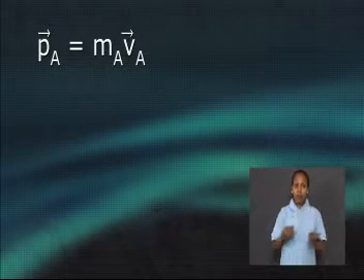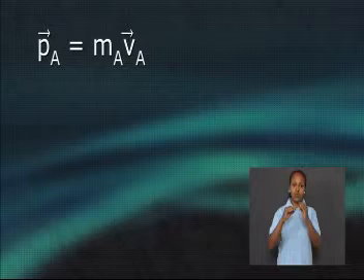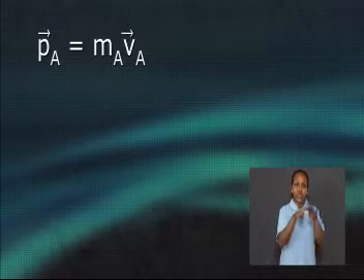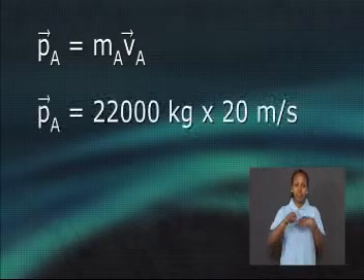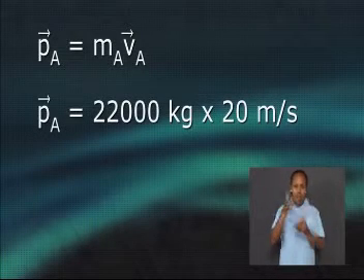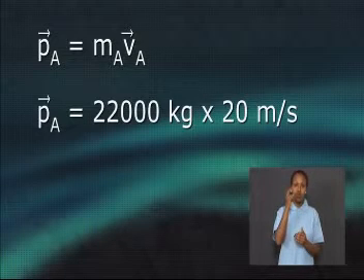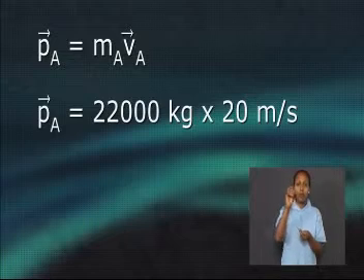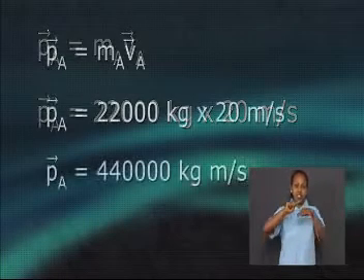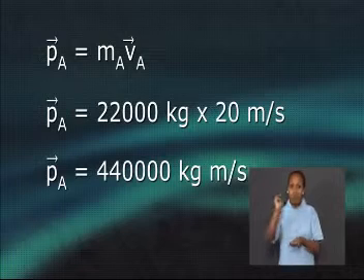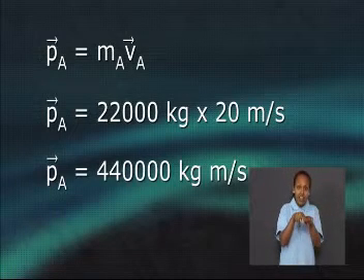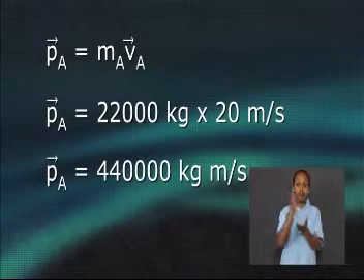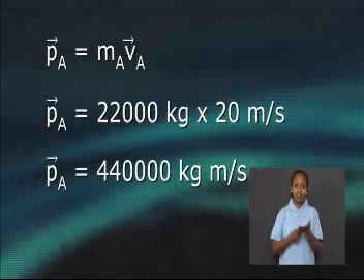But we will add a subscript to each letter to differentiate between the two trains. Thus, P sub A is equal to 22,000 kilograms times 20 meters per second. Therefore, the momentum of the first train is 440,000 kilogram meters per second. It is traveling to the right.